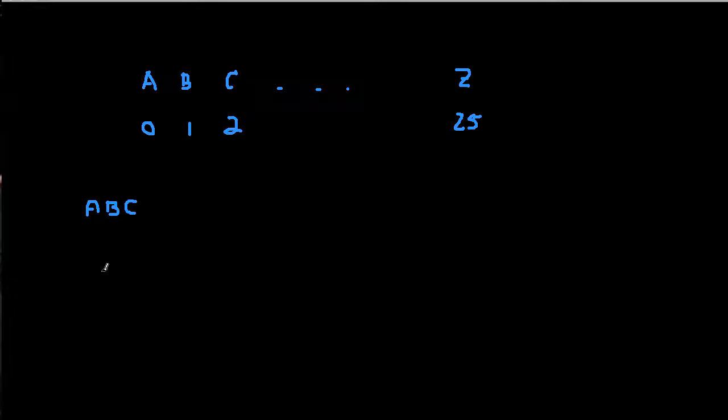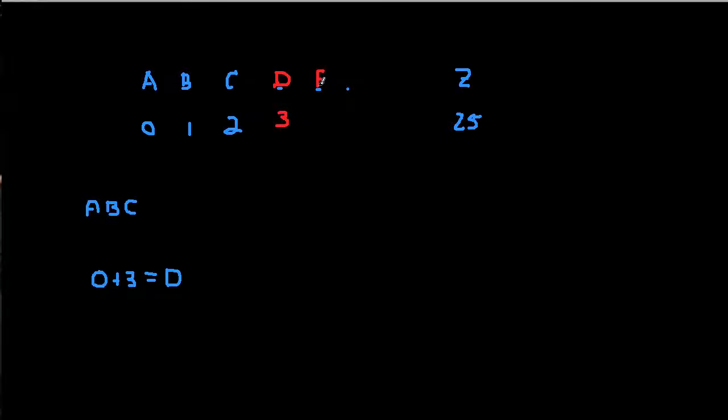So 0 plus 3, for the letter A, corresponds to the letter numbered 3, which is D. So A goes to letter D. Why? Because D here is letter number 3.